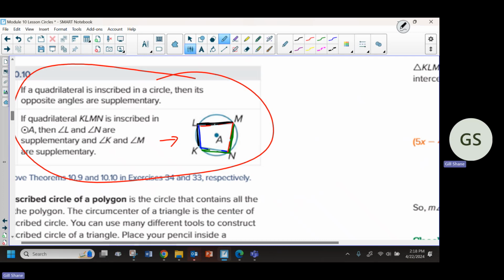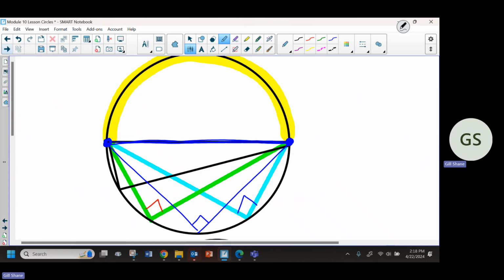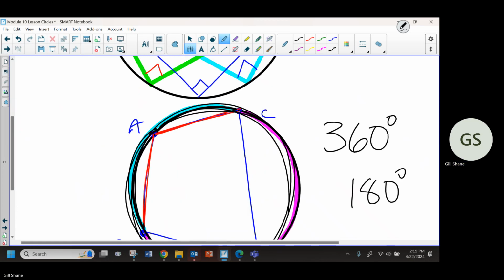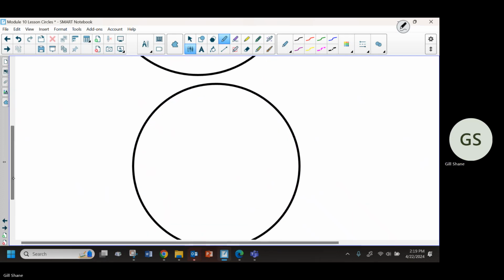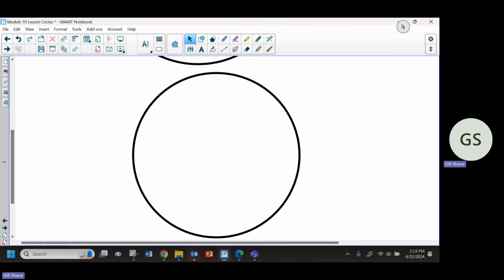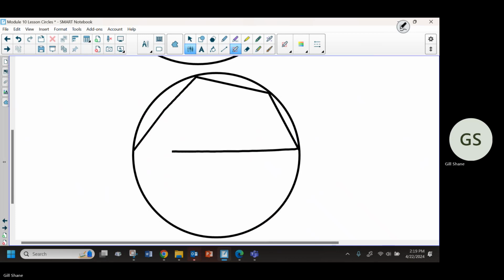So here's what we did. I'm going to go to the other page for this to make a larger figure. So if we have a circle, and let's say we draw in a four-sided figure. There's our four-sided figure.